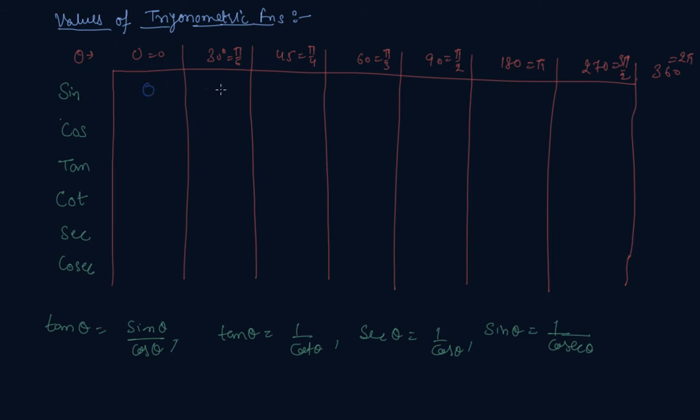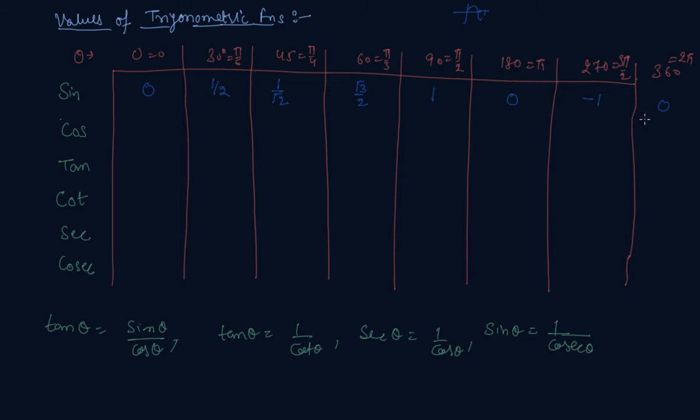So this is 0 here, this is 1 by 2, this is 1 by root 2 here, this is root 3 by 2, means sin 60 is root 3 by 2 here, sin 90 is 1, sin 180 is again 0, sin 270 will be minus 1. As you can know from the graph, it will be minus 1 here, and this is again 0.